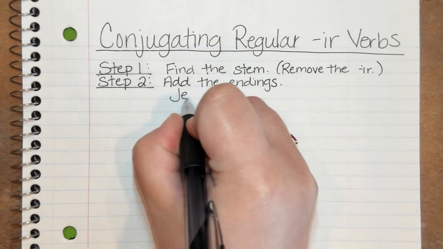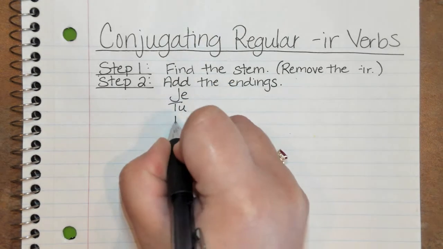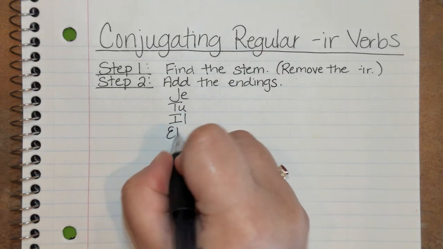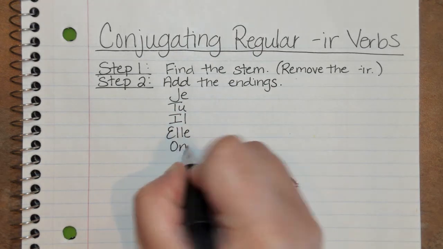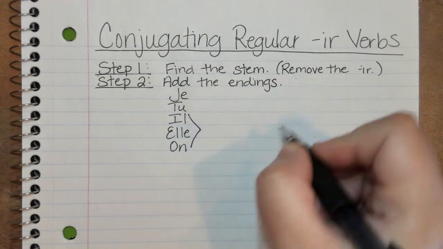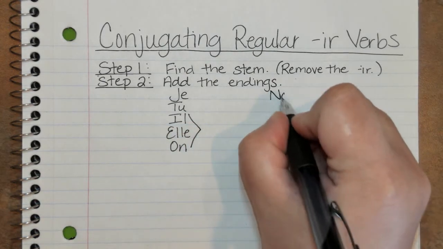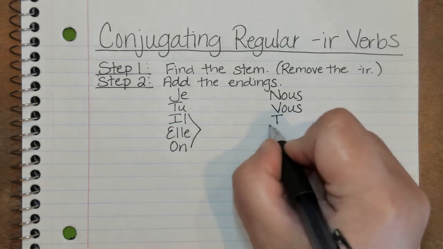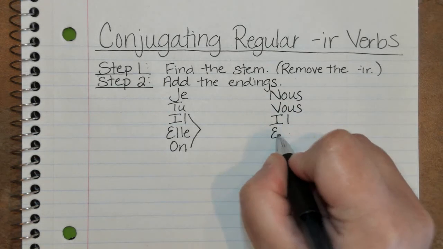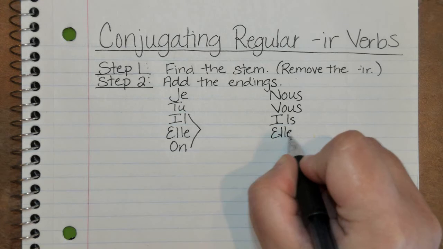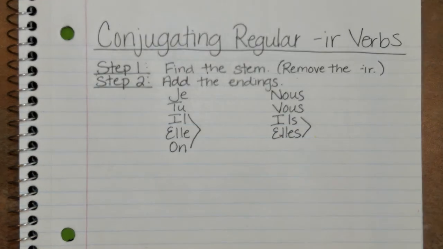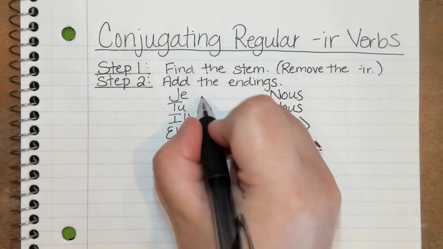So you have your subject pronouns, and the ending that you use depends on which subject pronoun you're using. So you'll need to look at which subject pronoun you're using in the sentence, and that will determine which ending you use.